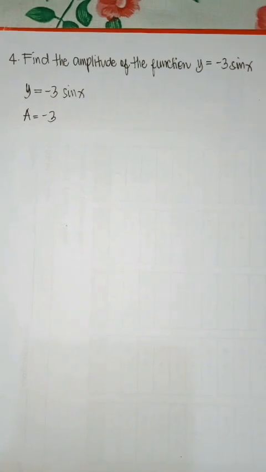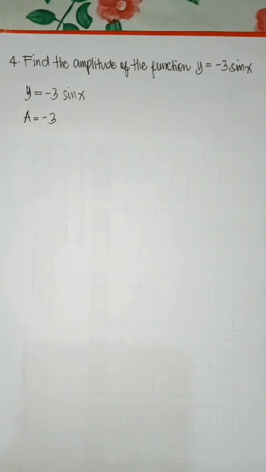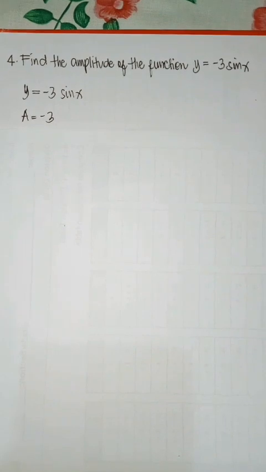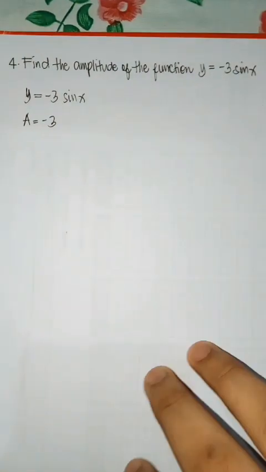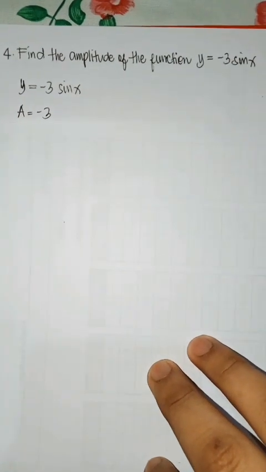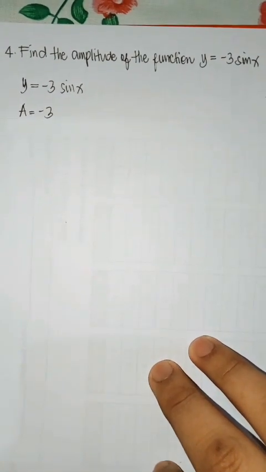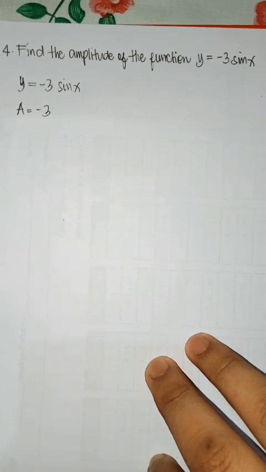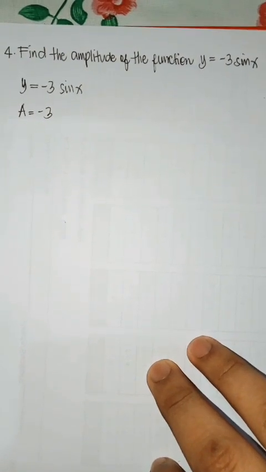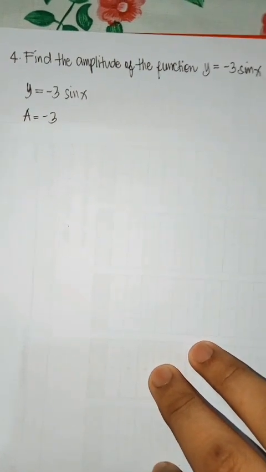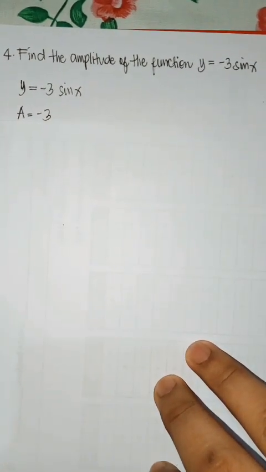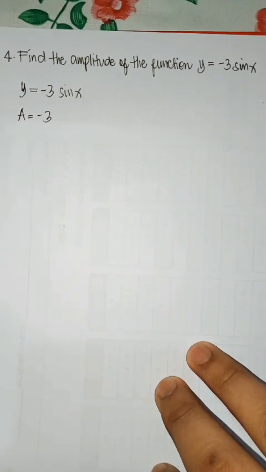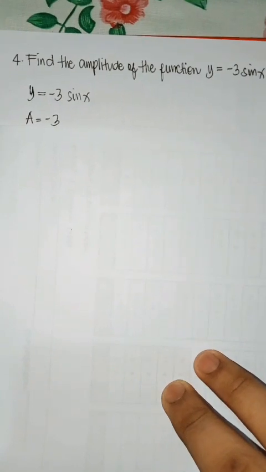Problem number 4. Find the amplitude of the function y equals negative 3 sine x. So in this problem, we have here the given function y equals negative 3 sine x. And the absolute coefficient here, or the coefficient a in this function, is negative 3.